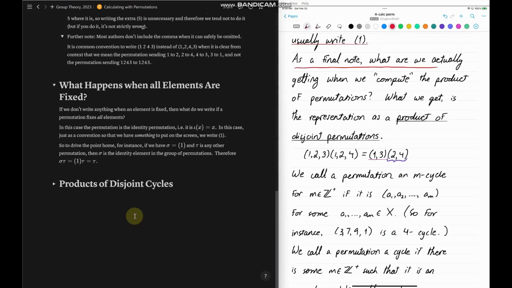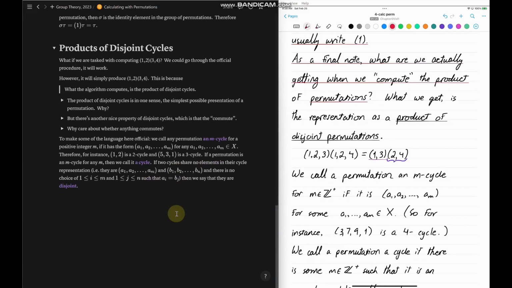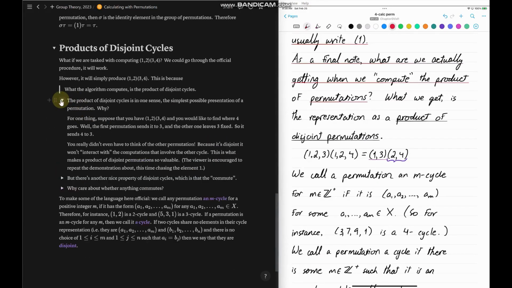As a final note, what are we actually getting when we compute the product of permutations? What we get is the representation as a product of disjoint permutations, or really disjoint cycles.